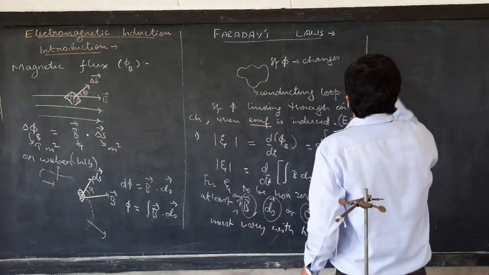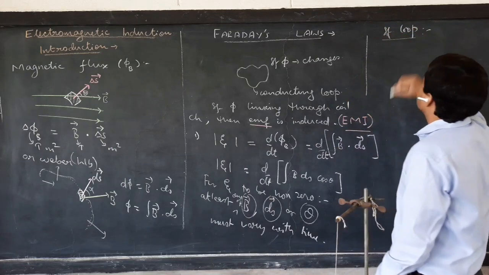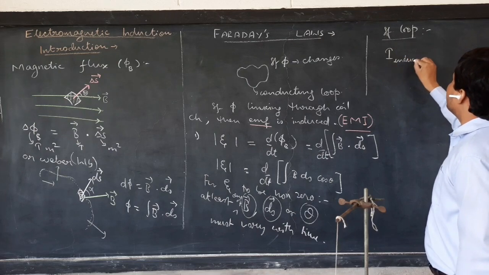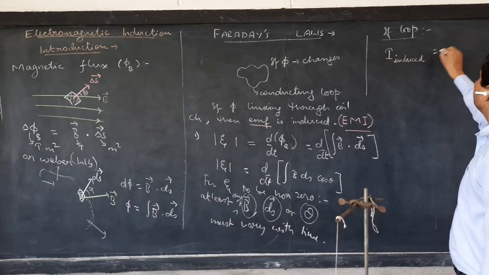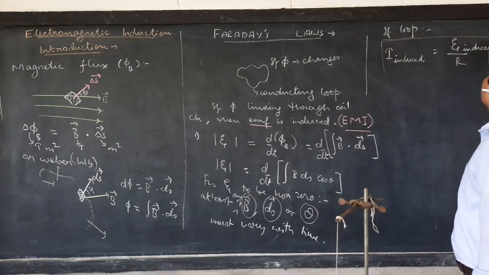And that electric current, so if loop is there, then there will be induced current and that induced current in the wire will be induced EMF, E induced, upon resistance of the wire.